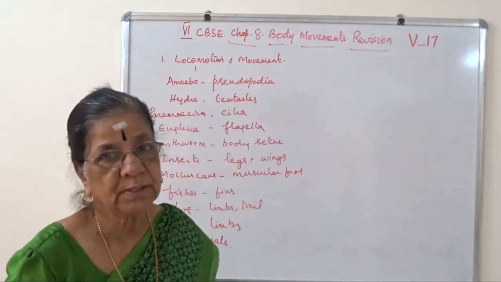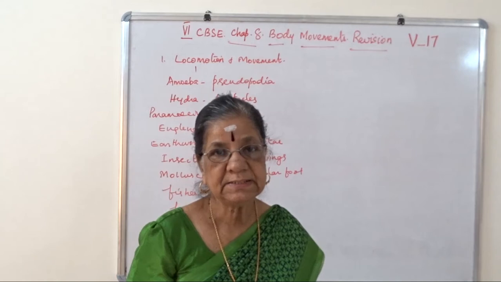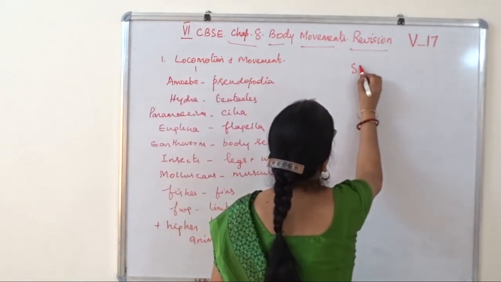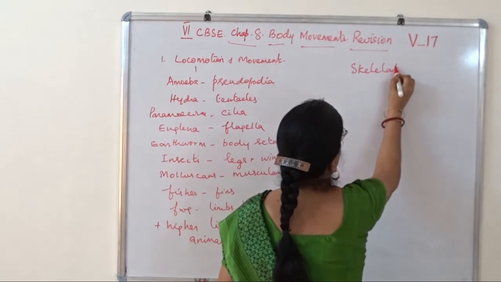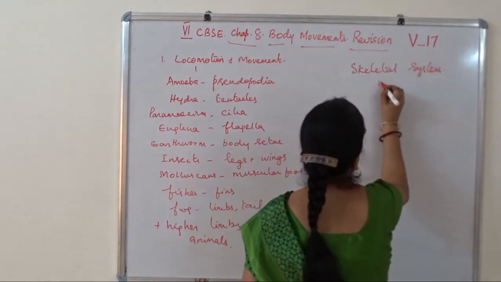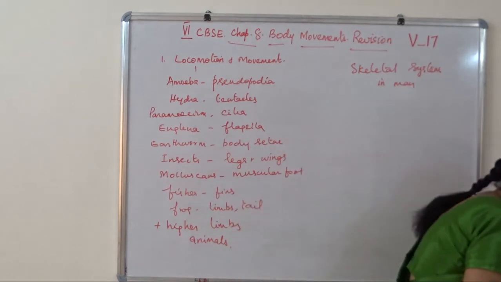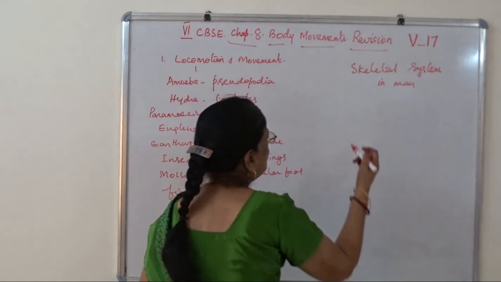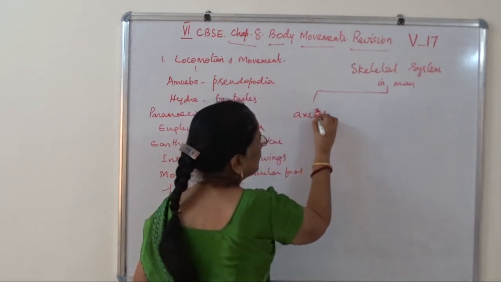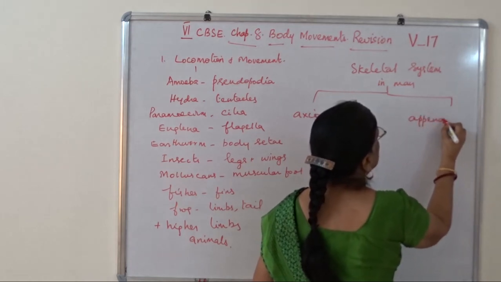The skeletal system in man has two major categories: one is the axial skeleton and another one is the appendicular skeleton.